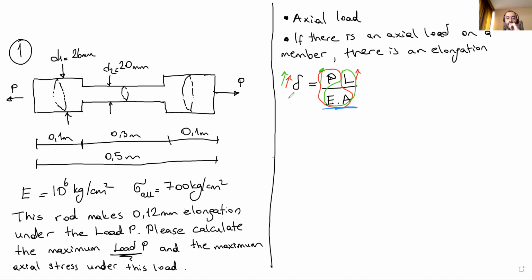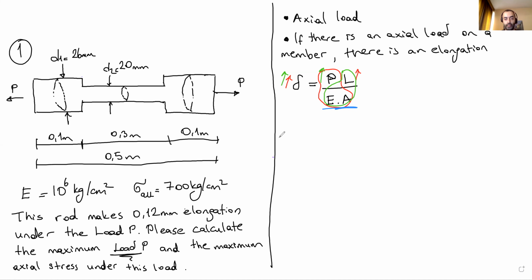Let's write the total elongation equation for each portion. Here you can see when you look at the section or frame, there are 3 different portions. Due to the geometry, you have to consider this one in the equation.